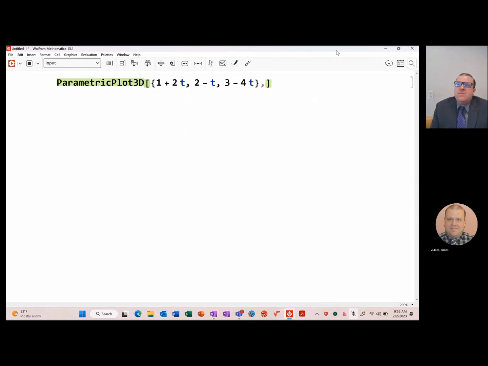We need to give a domain for the parameter. Doesn't really matter. Let's just start off with minus 10 to 10, see what that gets us.